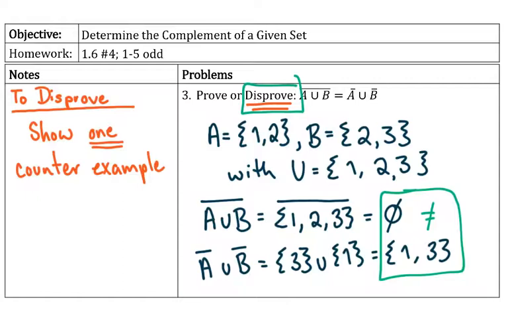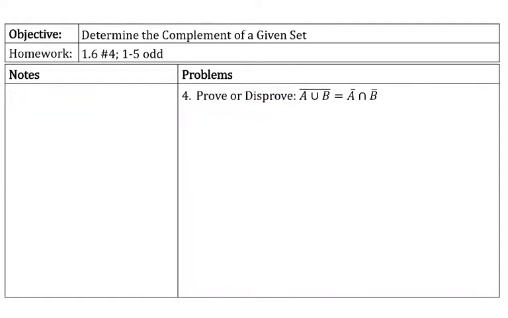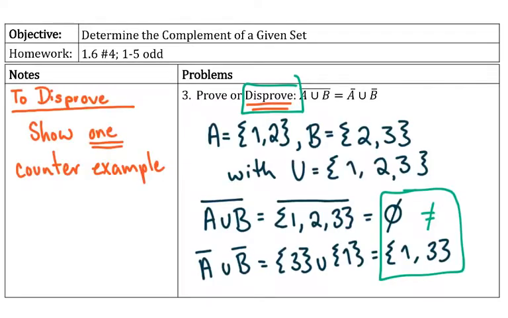All right, let's look at one where we are doing a proof. Instead of distributing the complement, I will tell you right now this one is going to be a proof that the complement of A union B is equal to the complement of A intersect the complement of B. And if you aren't sure if it's a prove or disprove problem, just try a counterexample and see if it works.